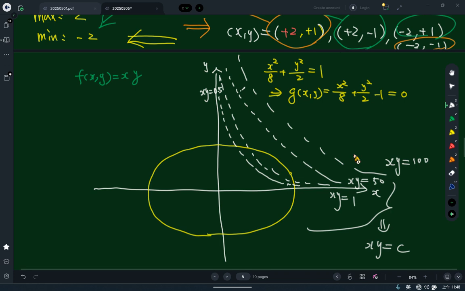Any of them, SY is 100, SY is 15, SY is 1, SY is 0.5, if they follow SY equal to a constant, you can always find that as S increases, Y is decreasing. S decreasing, Y is increasing.